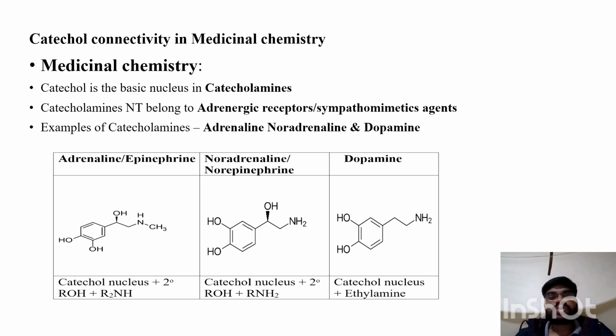This is the chemistry, the structures, and these are the steps to memorize or draw the structures in this format.